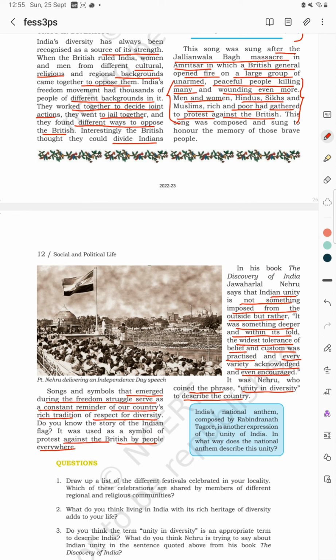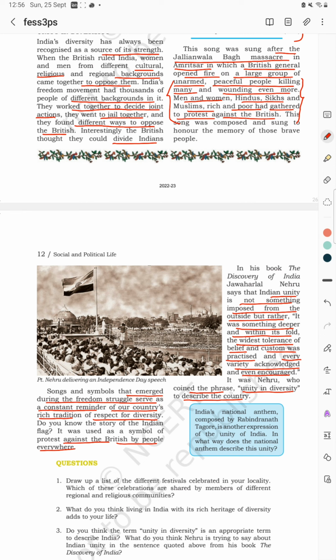They were united against the British during the freedom struggle movement, where people from Hindu, Muslim, Sikh communities, men, women, rich, poor, came together to fight against the Britishers.